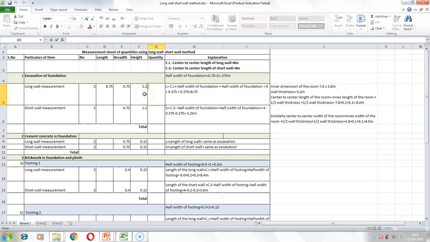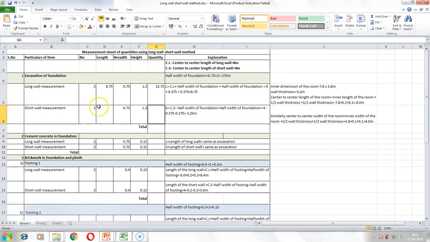And then we have the depth as 1.2 meters, which is the depth of the foundation from the ground level. Now the quantity is equal to the number, multiplied by the length, then by the breadth, then by the height. So we get the answer as 15.75. That is the long wall measurement.